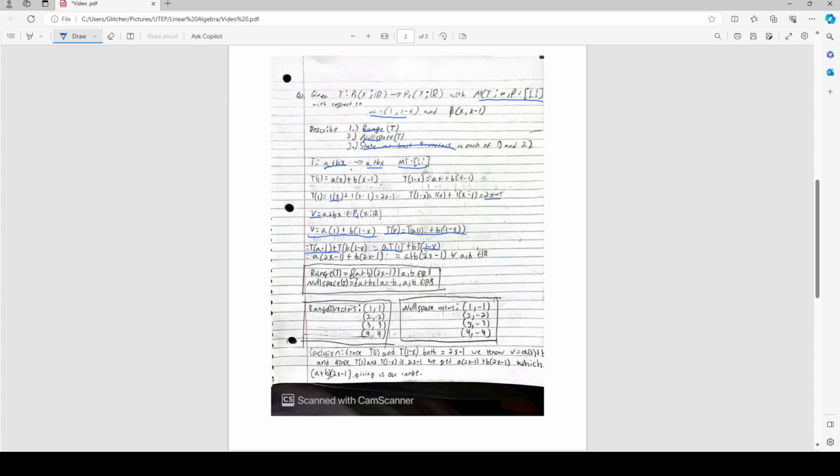So we replace T(1) and T(x), which gives us a times (x minus 1) plus b times (x minus 1). So we can factor out the a and b, so we get (a plus b) times (2x minus 1) for all a's and b's, right? So we can say our range for T is (a plus b) times (2x minus 1), where a and b are all real numbers.